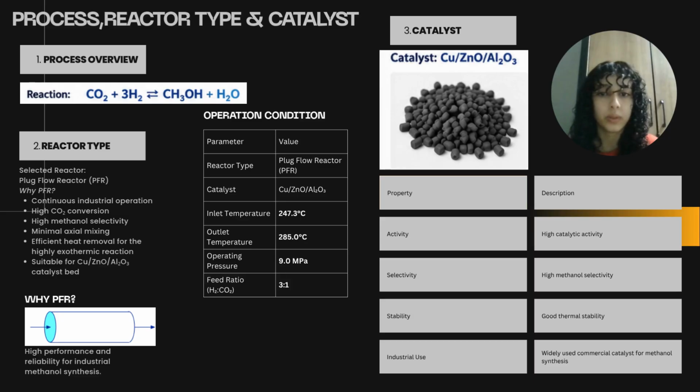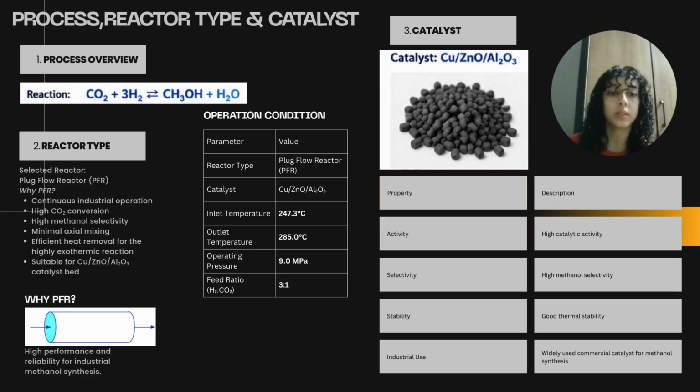Next, we selected the CuZnO Al2O3 catalyst, which is the standard industrial catalyst for methanol synthesis. It offers high catalytic activity, high methanol selectivity, and good thermal stability, making it reliable for continuous operation. The reactor operates at an inlet temperature of approximately 247 degrees Celsius and outlet temperature of 285 degrees Celsius, and a pressure of about 9 MPa, with a hydrogen to carbon dioxide feed ratio of 3 to 1.